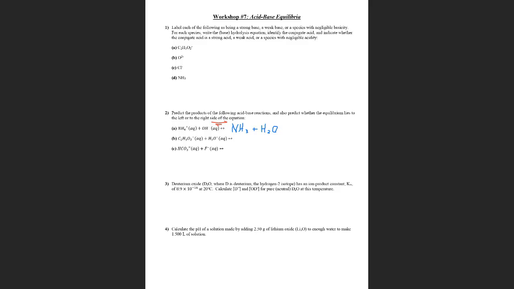Again, I want to repeat it because I don't think we can repeat it enough times. The equilibrium is always going to lie on the side of the weaker acid and the weaker base. Why is that? Because when you look on the reactant side, you have a strong acid and strong base that's driving the reaction to the products.